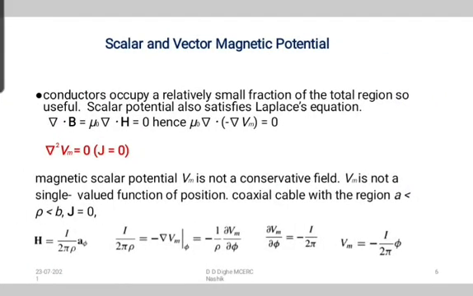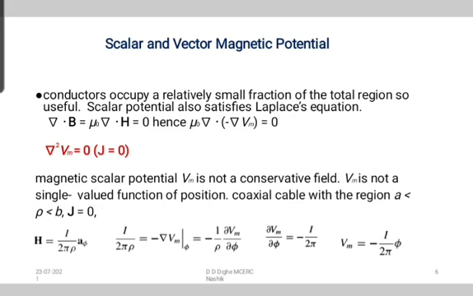Now the conductors occupy a relatively small fraction of the total region, so this is useful. The scalar potential also satisfies the Laplace equation. So the magnetic scalar potential Vm is not a conservative field.